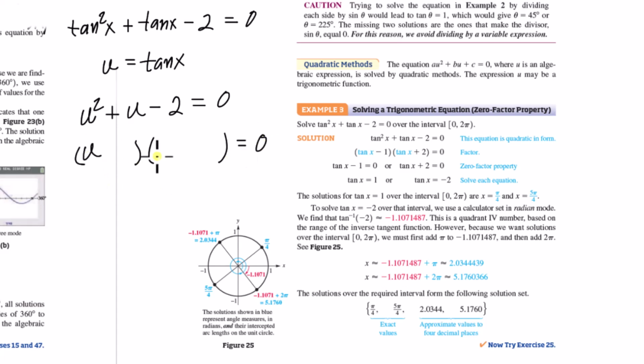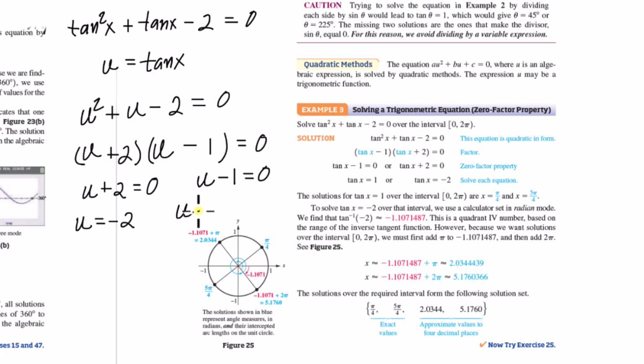Let's see, plus 2 minus 1 is positive 1. So you have u plus 2 is equal to 0, and u minus 1 is equal to 0. So u is equal to minus 2, and u is equal to 1.